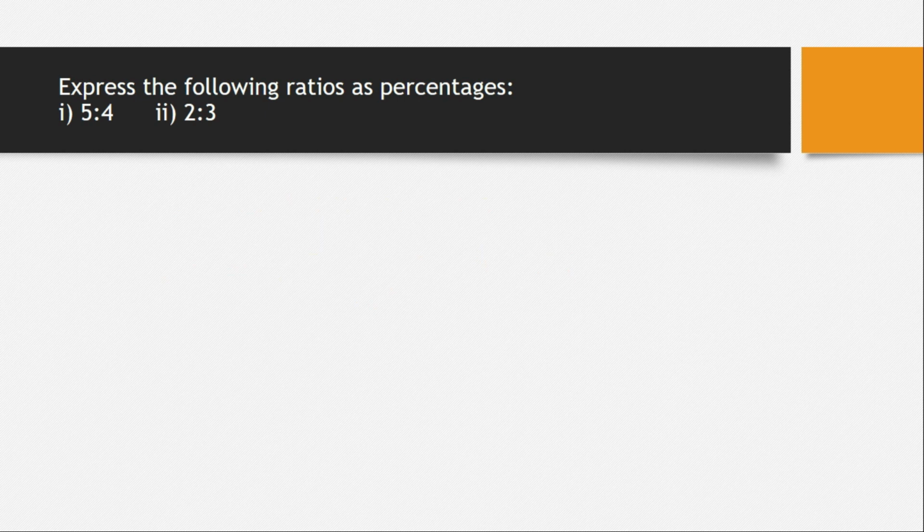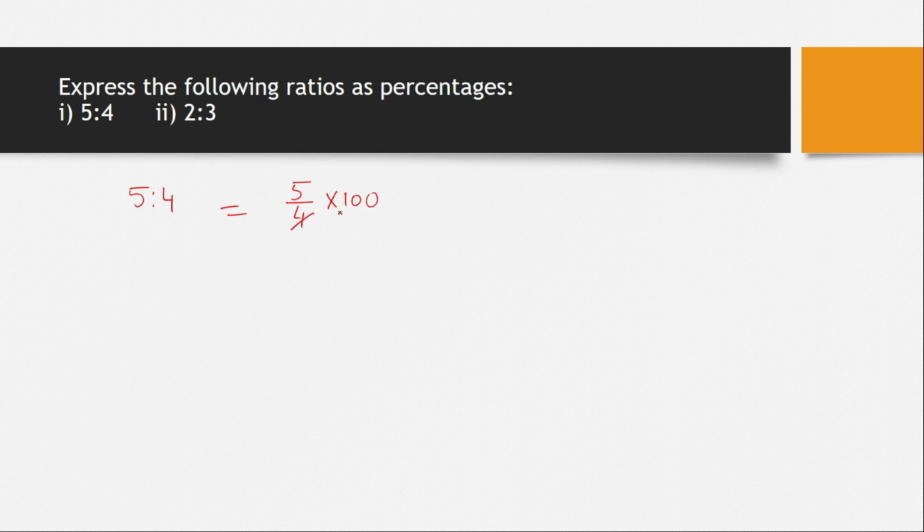Next is, express the following ratios as percentage. So first one is 5:4. So we can write it as 5/4 into 100.